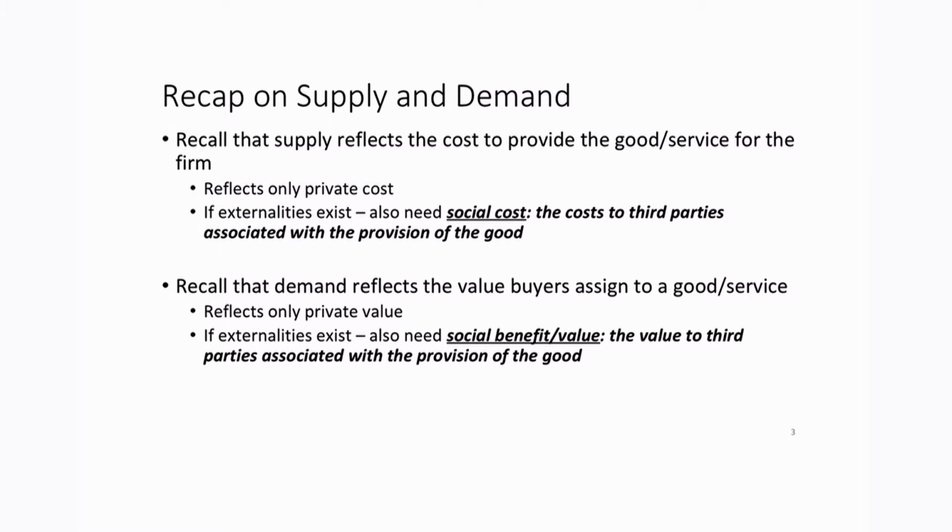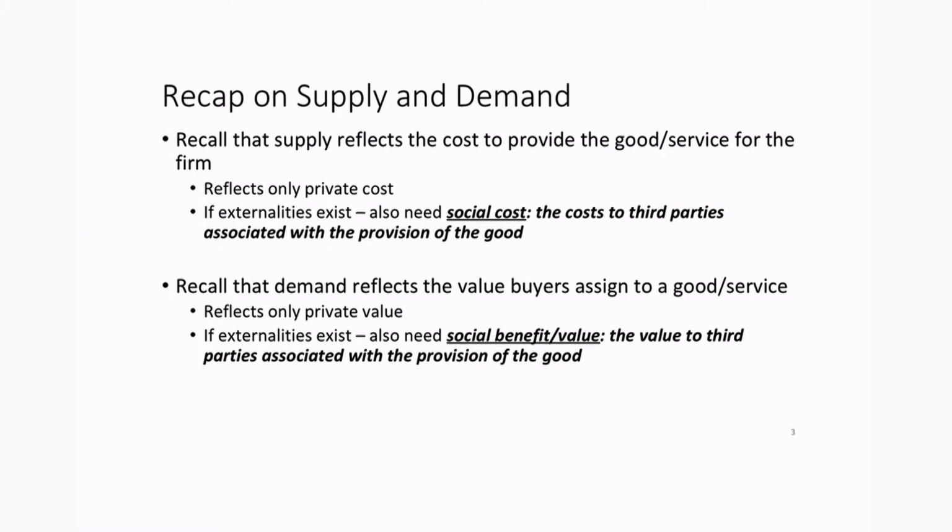The private value coming from the production decisions determined by supply and demand does not take into account the value to society as a whole of the outcomes in the supply and demand model. So these can be either positive or negative outcomes that impact society as a whole, leading to either positive or negative externalities. So let's look at an example.